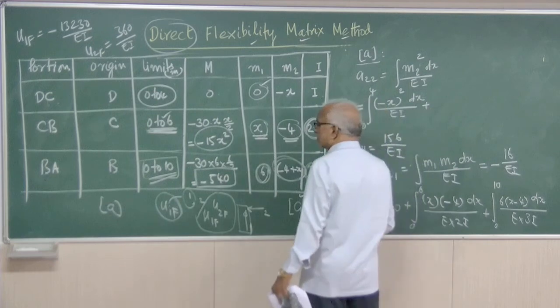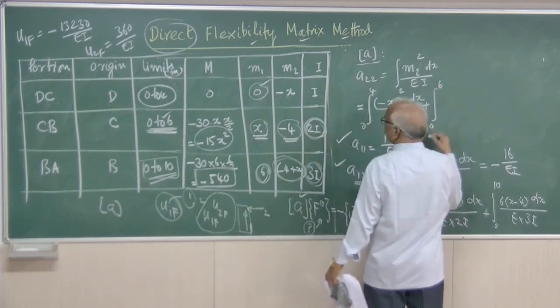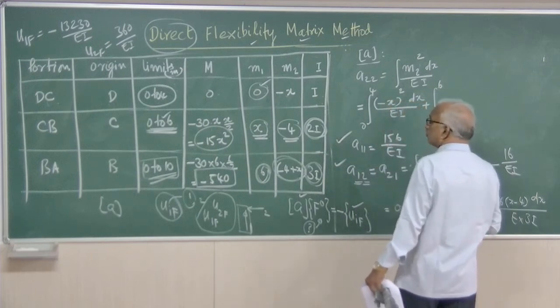For the second term, the integral 0 to 6, and m2 is minus 4.